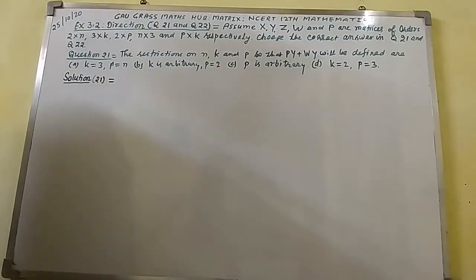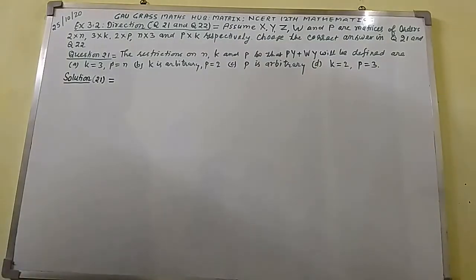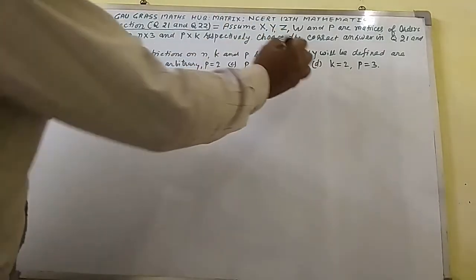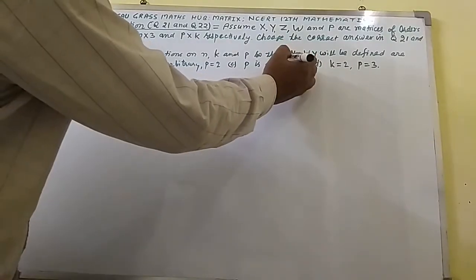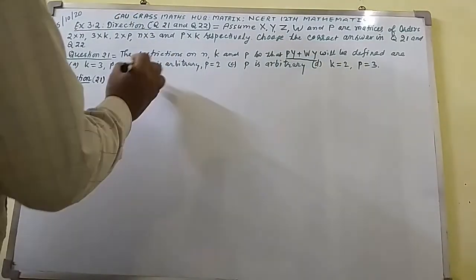Out of the 4 options, one option is correct. You have to decide which one is correct for question number 21. So here you can see this expression is given.